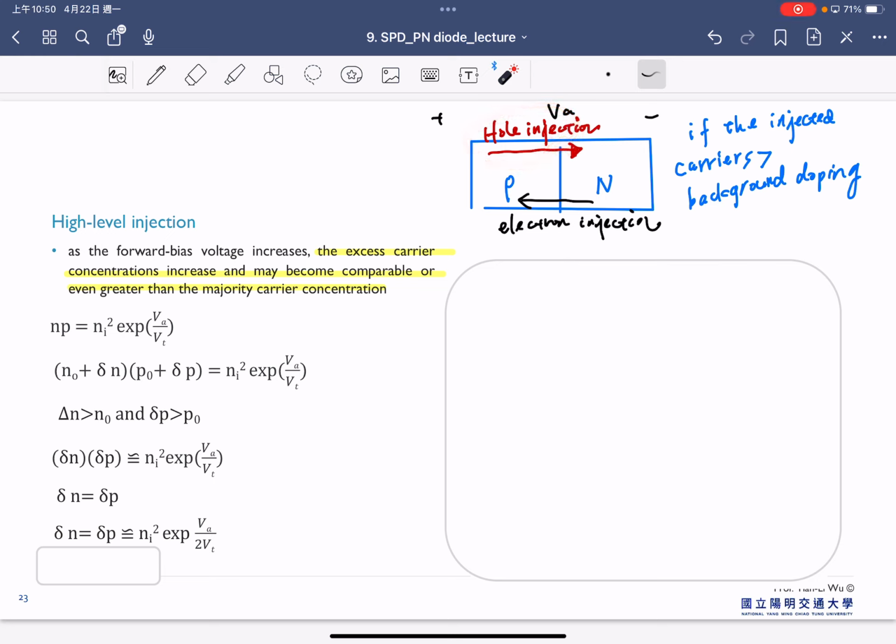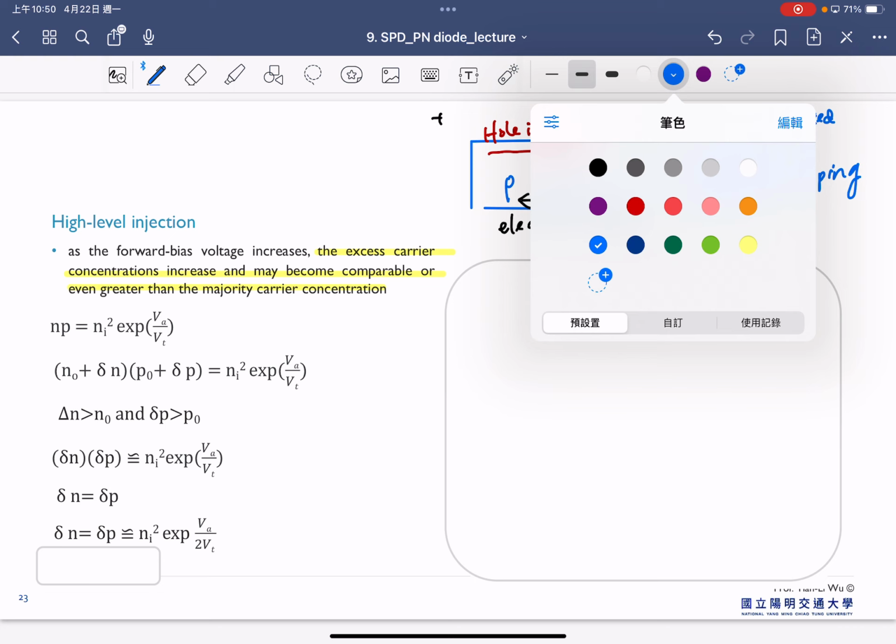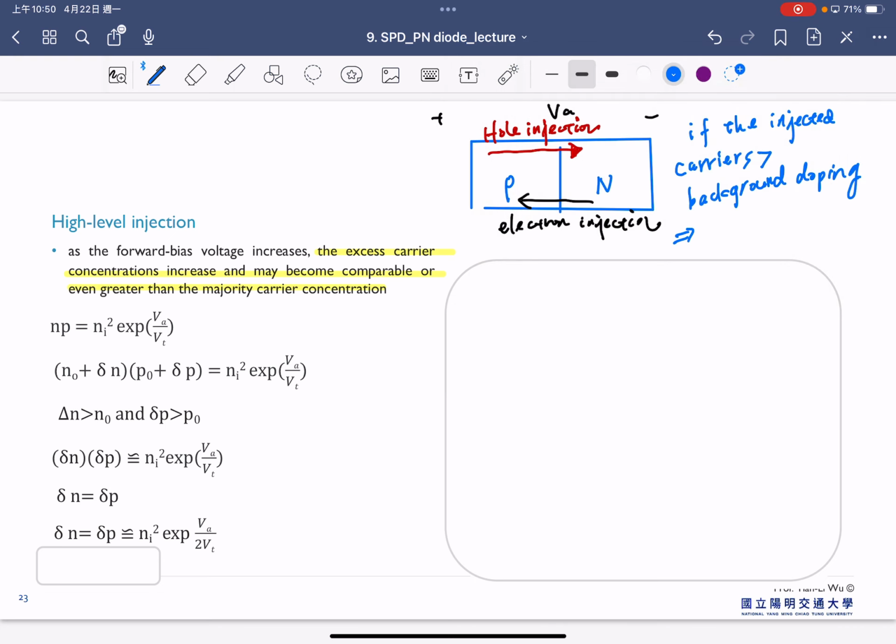Now your hole concentration injected into this region is higher than the electron concentration here. Your electrons injected into this region are now higher than the hole concentration in this region. And this is high level injection.